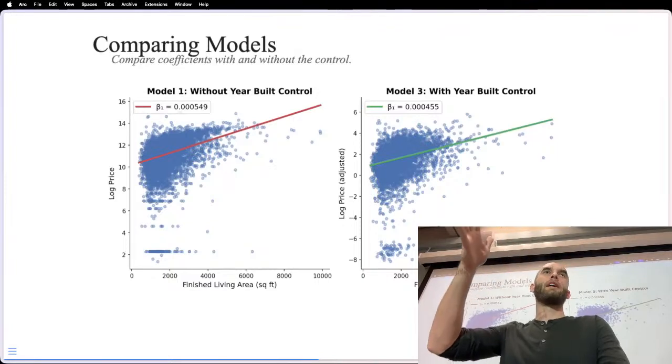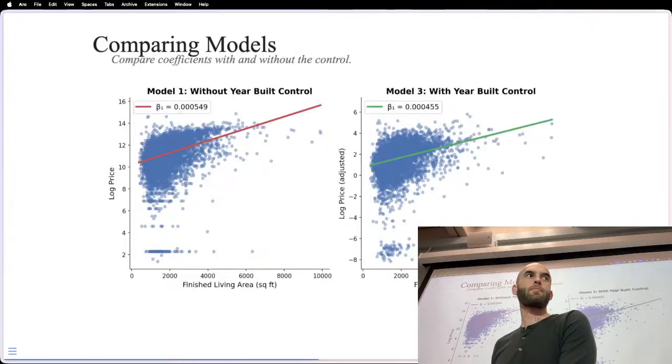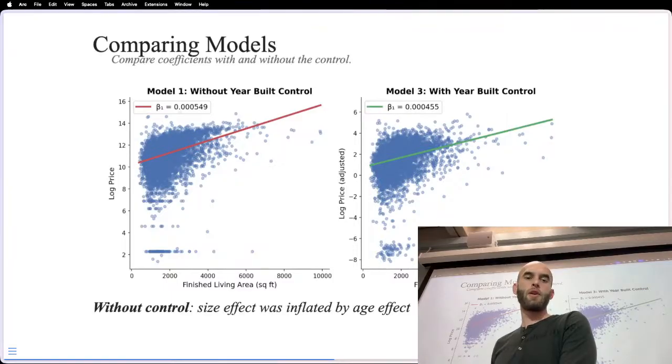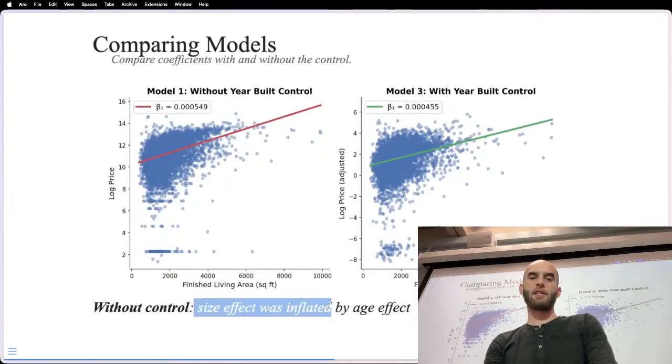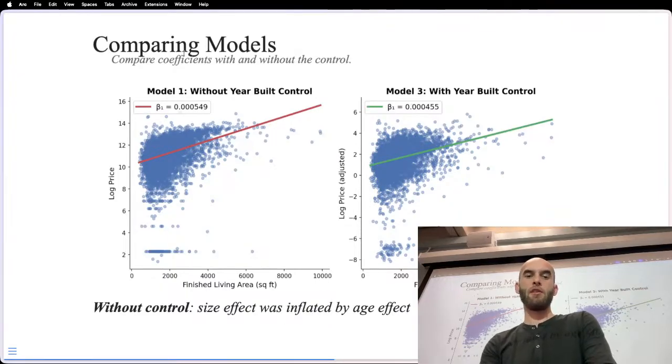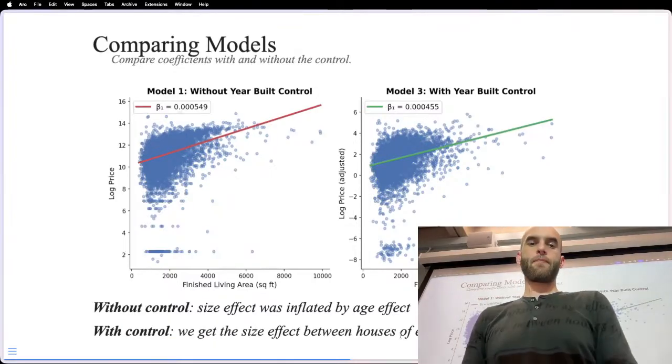And that's our beta 1 estimate. Okay, any questions here? So without control, we're saying the size effect could be inflated by the age effect, and that's what we're seeing here. With the control, we get the size effect between two equally aged houses.